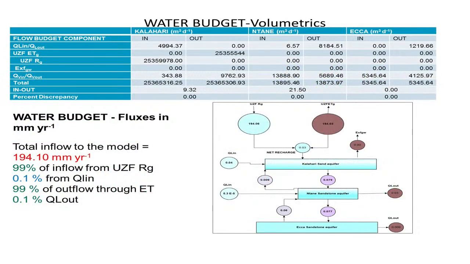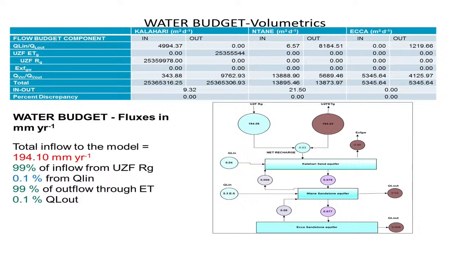Yes, we did a simple water budget, just like any other modeling approach, and we came up with a total inflow to the model of 194.10 millimeters per year, but 99% of the inflow was coming from the unsaturated zone, and 0.1% was coming from lateral inflows.